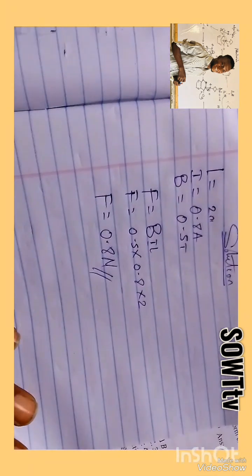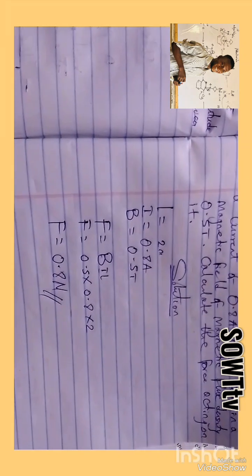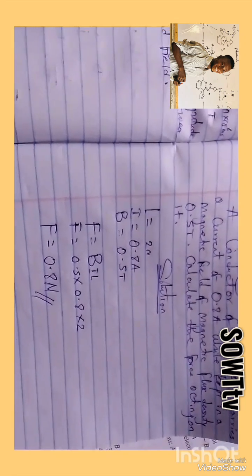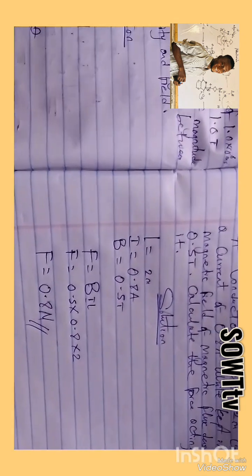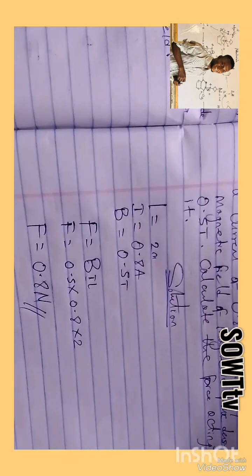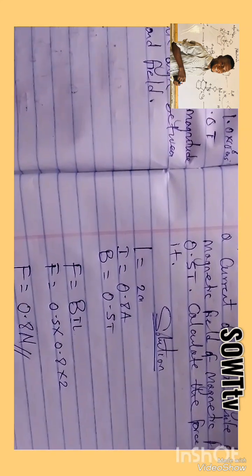In this question, we are not given any angle, which means that both the current and the length are parallel to each other. So I have to write out the parameters as usual. Our length is equal to 2 meters. Our current is equal to 0.8 ampere.